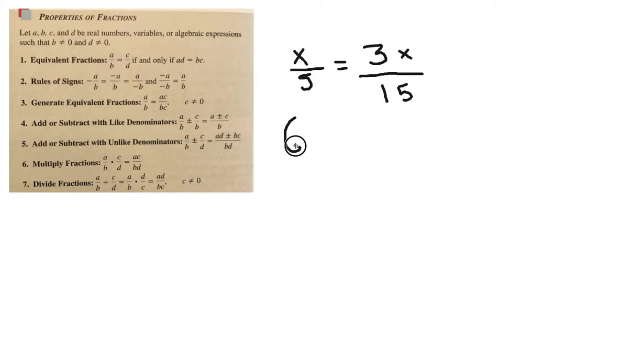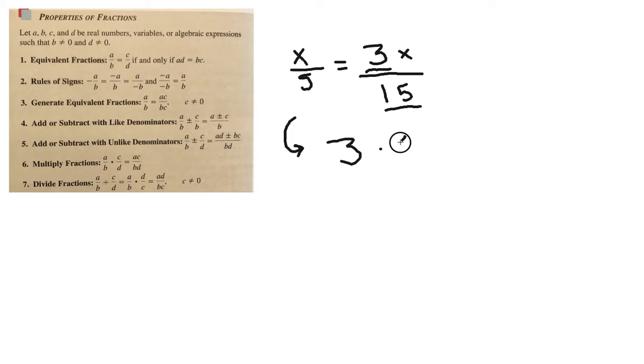The way we show this is really simple. You just want to factor. We're just going to factor out the 3 right here, and then we're going to factor 3 out of 15.